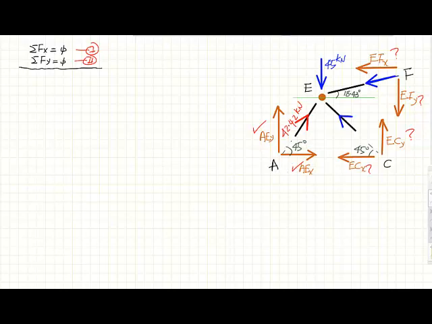So let's say sum of all forces in X direction equal to 0.